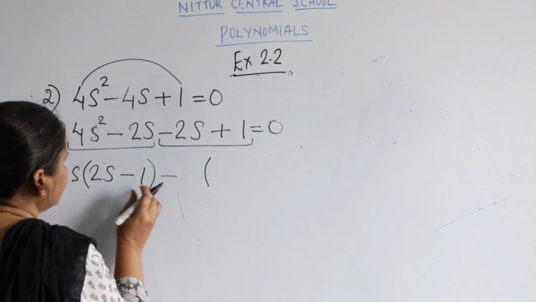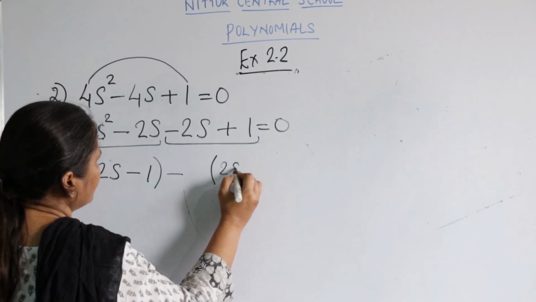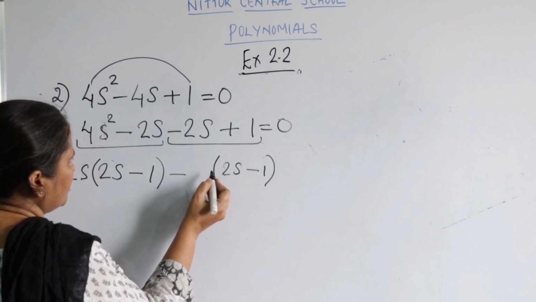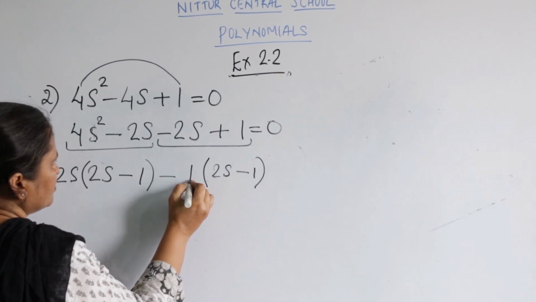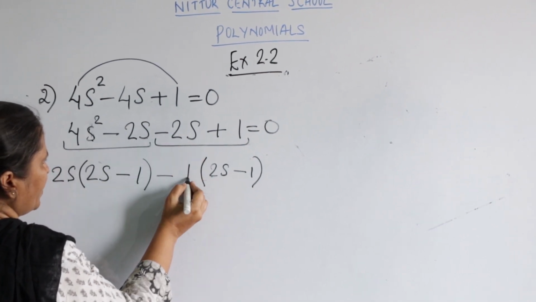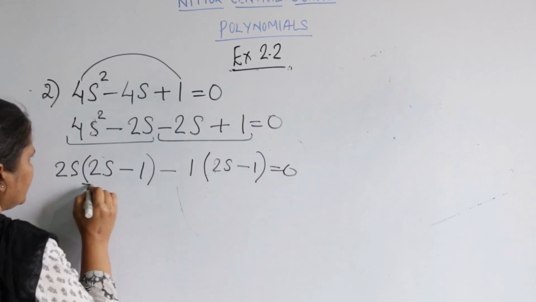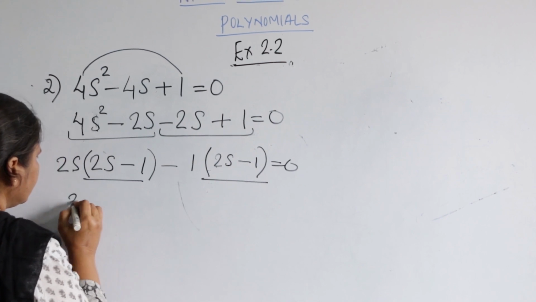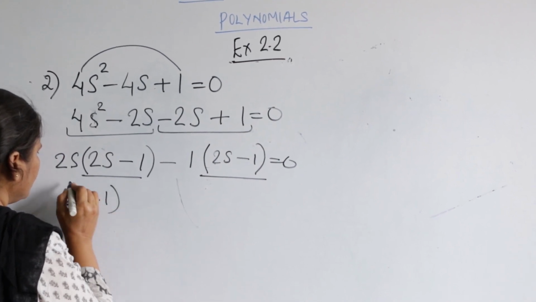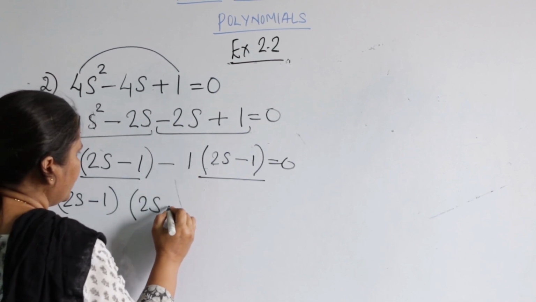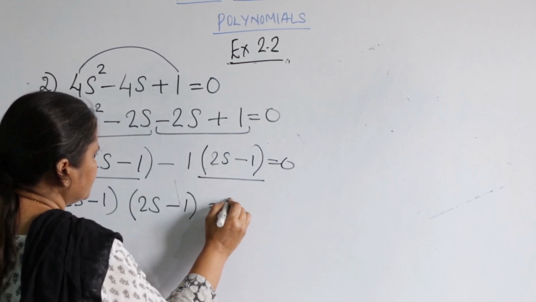So now just let us write whatever is there. 2s minus 1. Now multiplying by which number do we get minus 2s? It should be minus 1. So take 2s minus 1, and then here you have 2s, here you have minus 1, equals 0.